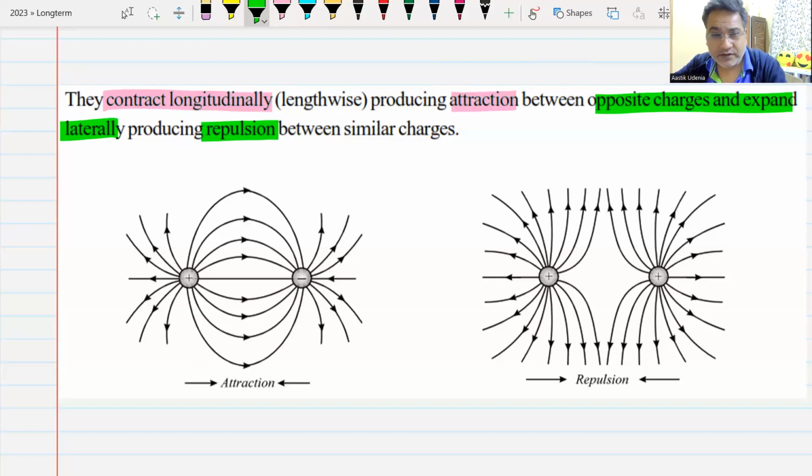In figure 1, there are two opposite charges and you can see a contraction of the electric field lines. On the right hand side figure, you can see expansion.